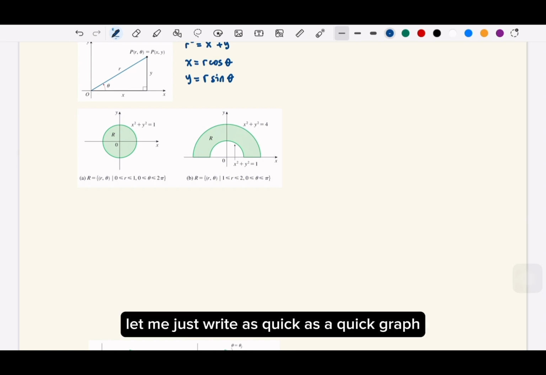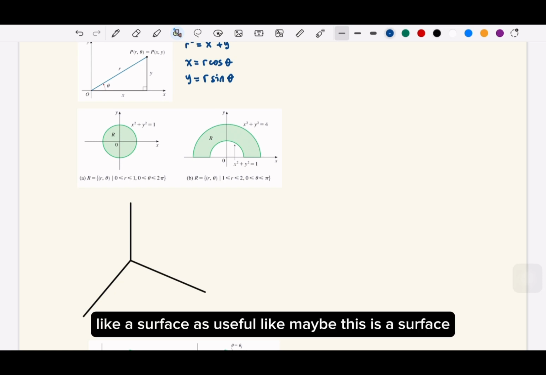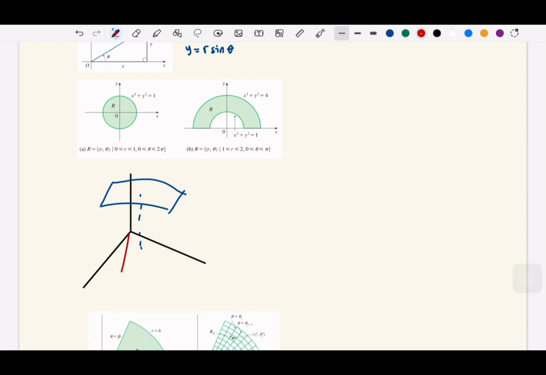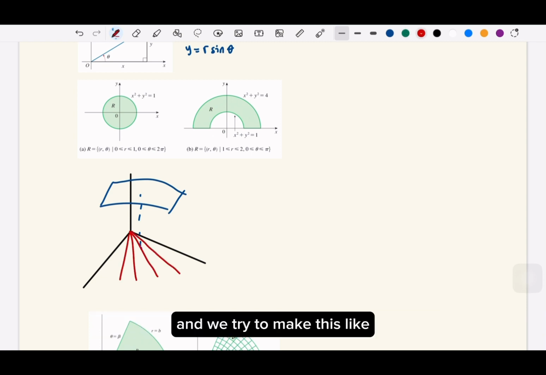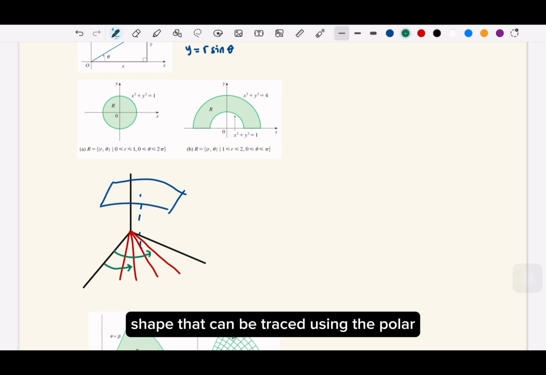So let me just write a quick graph. Let's say we have a surface as usual, like maybe this is a surface. But now when we take down here, we try to make this some sort of shape that can be traced using polar.